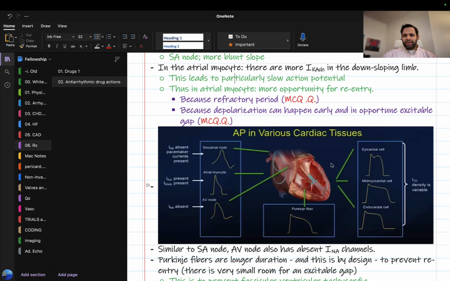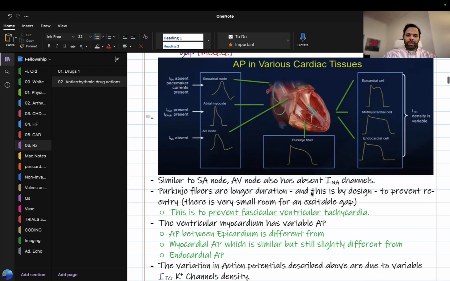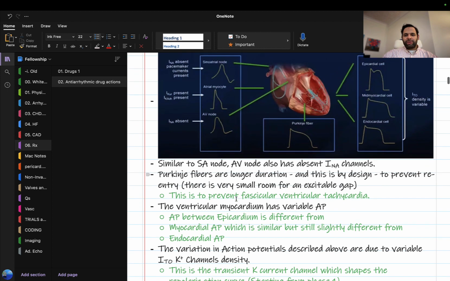The epicardial myocytes are usually slightly shorter. The midmyocardial part, where the muscle really needs to contract, has the longest action potential. And the endocardium is relatively shorter, but longer than the epicardium. And that helps with ECG propagation. We'll discuss that in a different note.